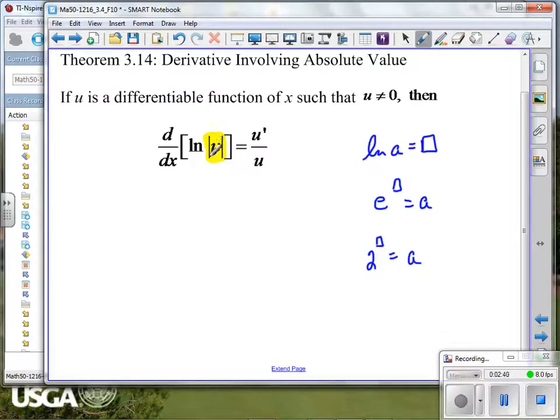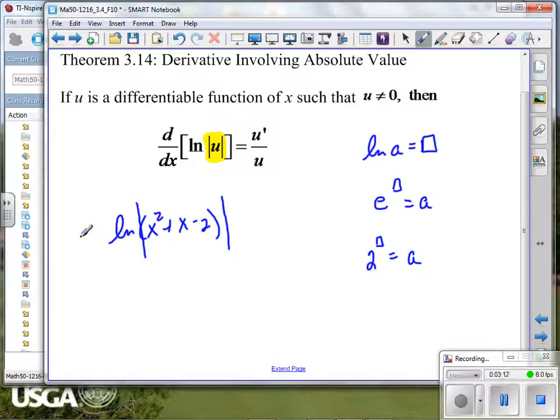So what if, and this is going to be one of our examples here, but what if I had, let's say, the natural log of x squared plus x minus 2? Are you guaranteed that x squared plus x minus 2 is always a positive quantity for any and all inputs? No, we're not. And so if I put the absolute value signs around it, now I'm guaranteed that. And so that's basically what this theorem is talking about.